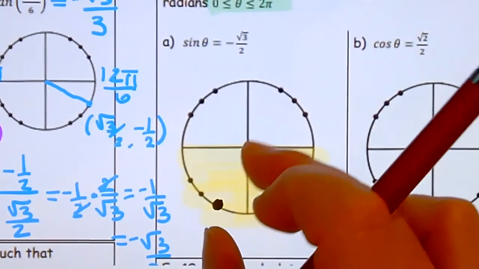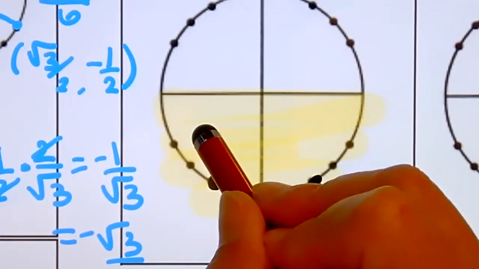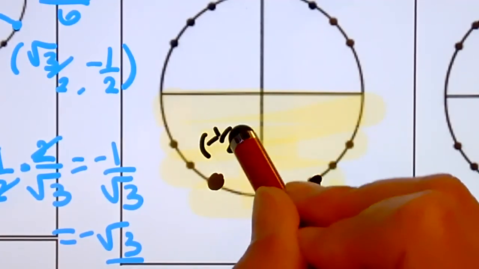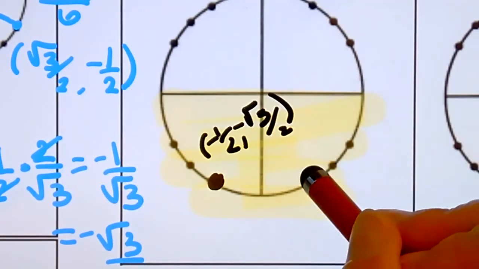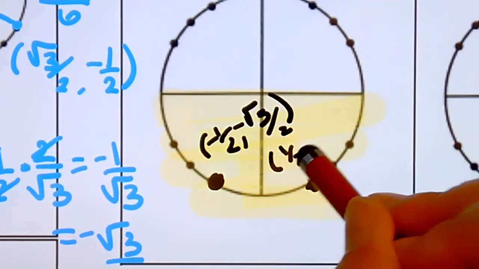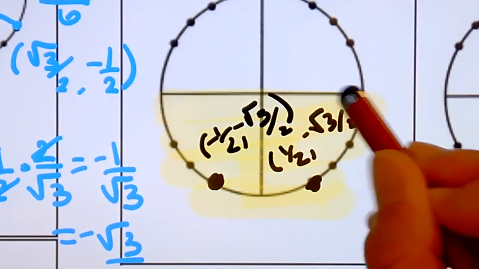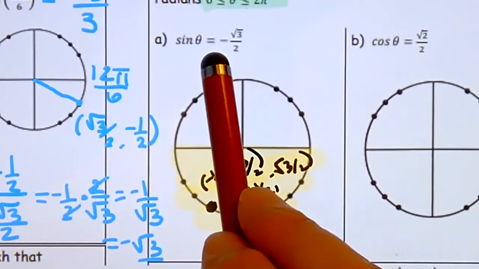So again, let me just write the point here. I'll write it in here so I have space outside. So this would be short, -1/2, comma, long, -√3/2. And this point here is going to be short 1/2 and long -√3/2. So that's why these 2 points have this as their sine.